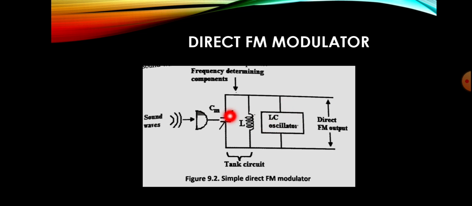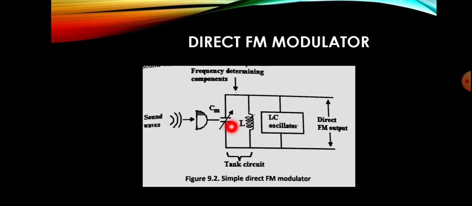The capacitor microphone, CM, acts as a transducer. That means it converts sound energy to mechanical energy. As a result, there will be changes in the plates of this capacitor.